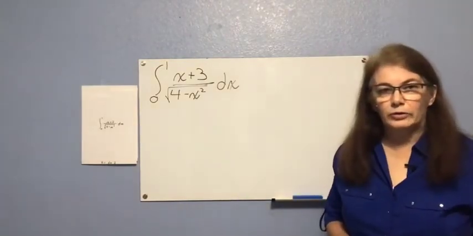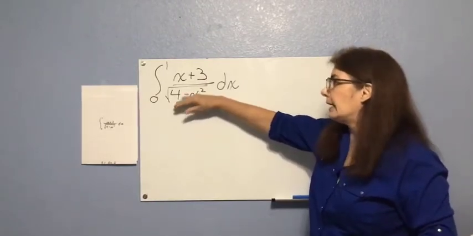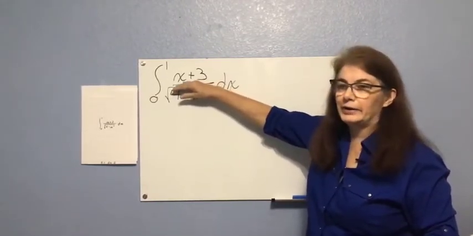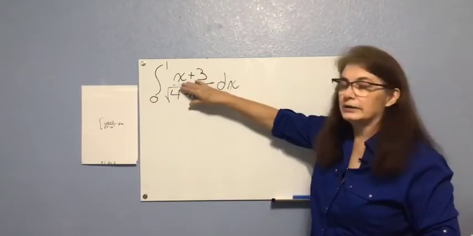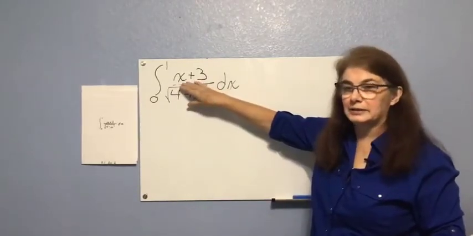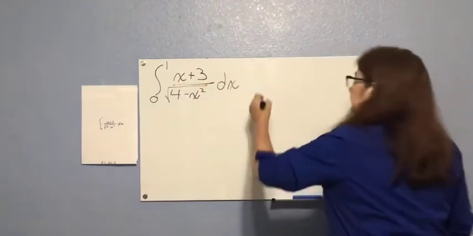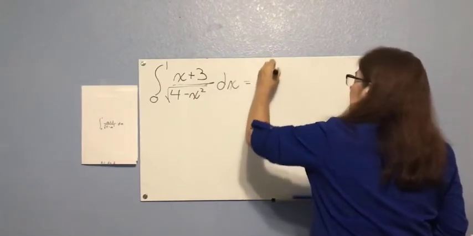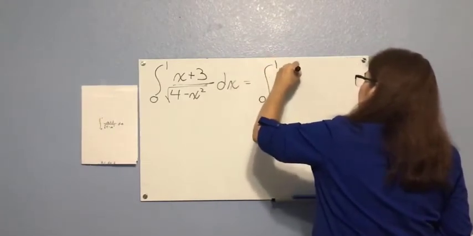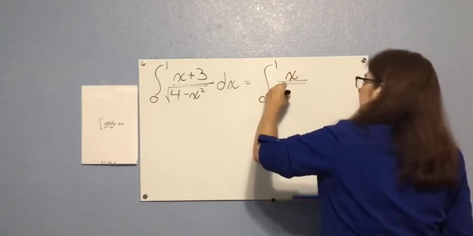Okay, in this integral, I've got a square root in the denominator, and I've got a numerator that's just a linear factor. What I can do with this numerator is split it and make two integrals. So that's going to look like this. The first one will be just x over this denominator.